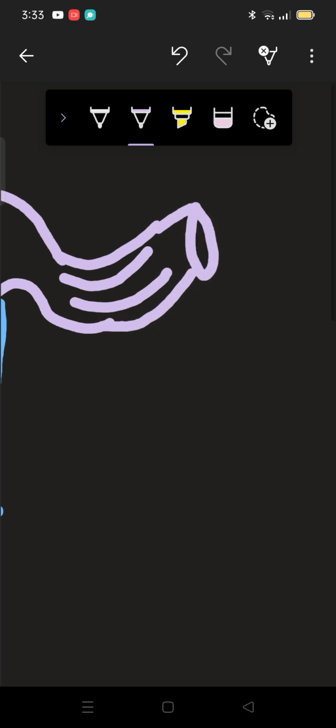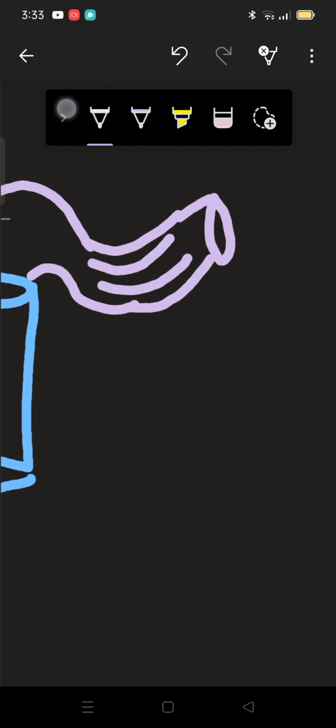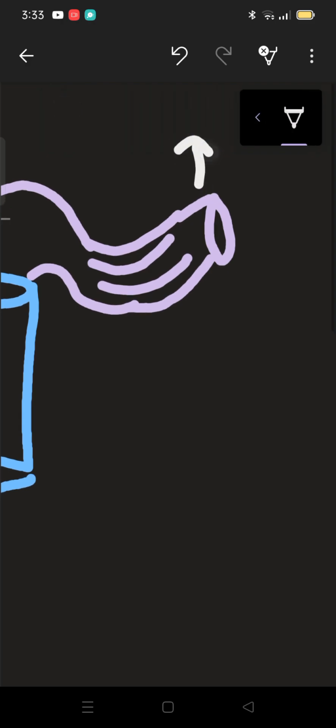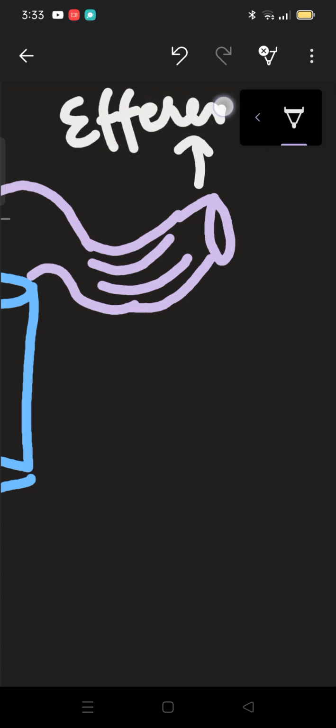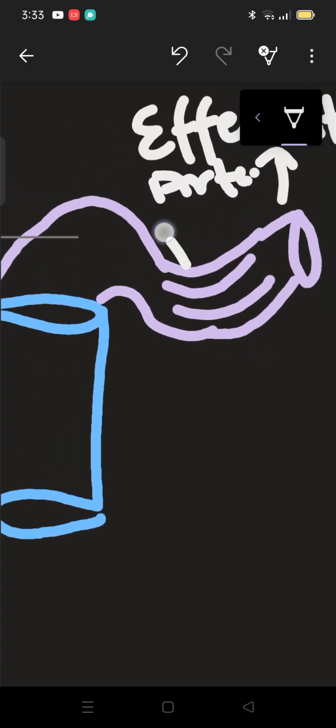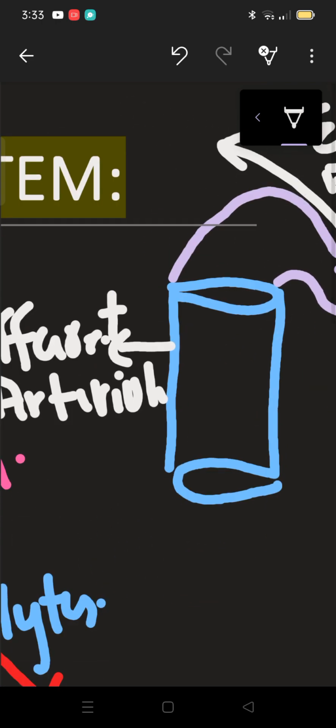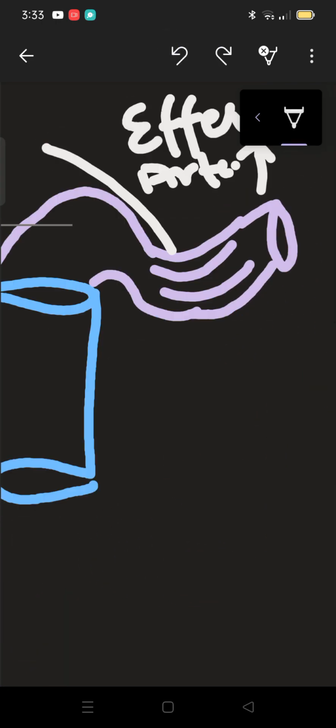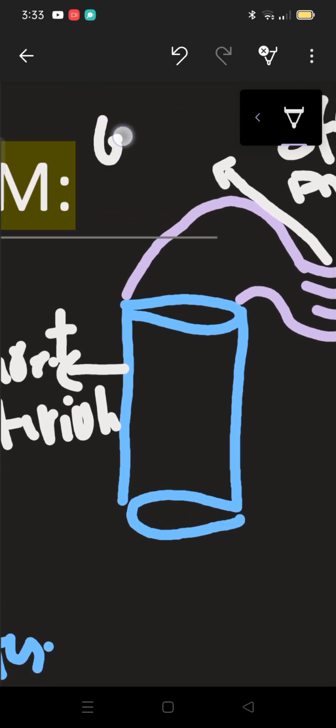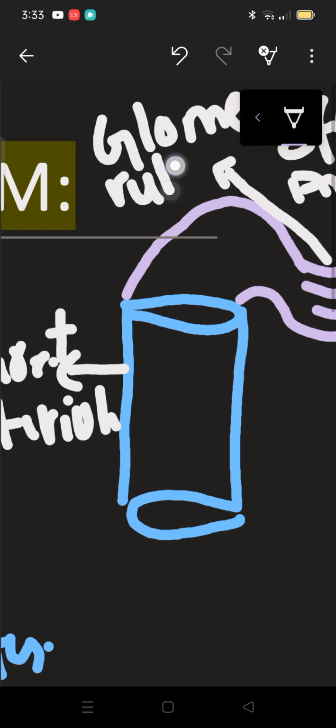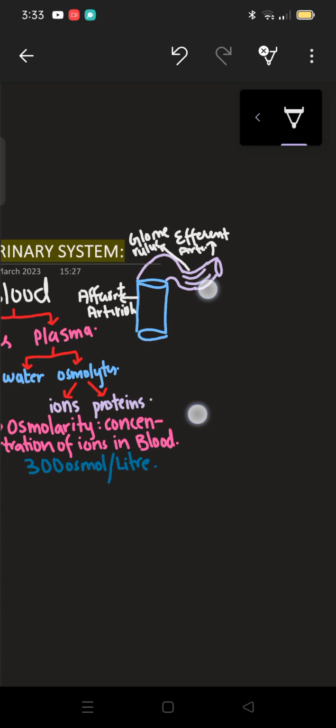And here finally the efferent arteriole, so I am writing this as well: efferent arteriole. And this is the glomerulus.